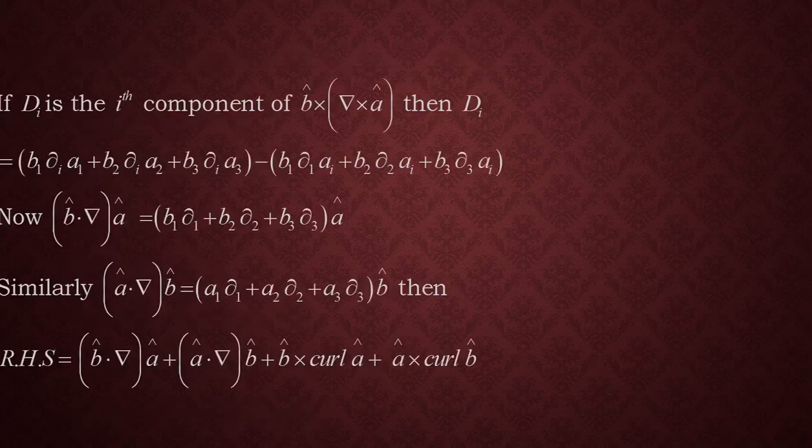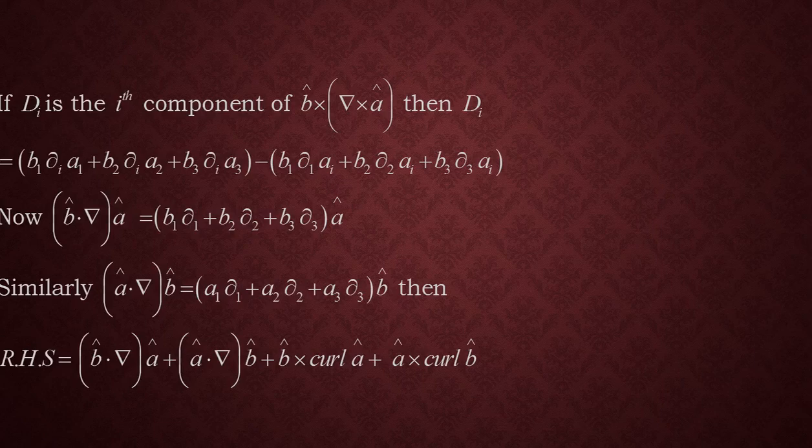Now we have to take the second term on the RHS of the given vector identity. That is, we consider b cross curl a. We can find this similar to the previous term a cross curl b. We just have to interchange the terms a and b.